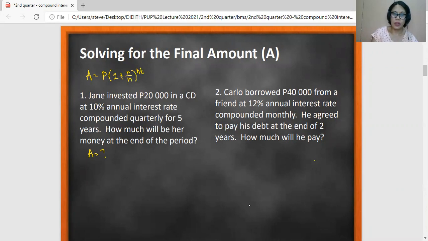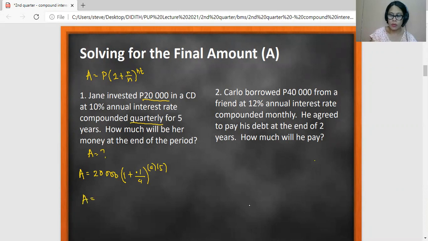So substituting the given in the formula, we know that the principal amount is 20,000 pesos. And we will multiply this by quantity 1 plus the annual interest rate of 10% divided by 4 since it is compounded quarterly, to the nt, that's 4 times 5 years.